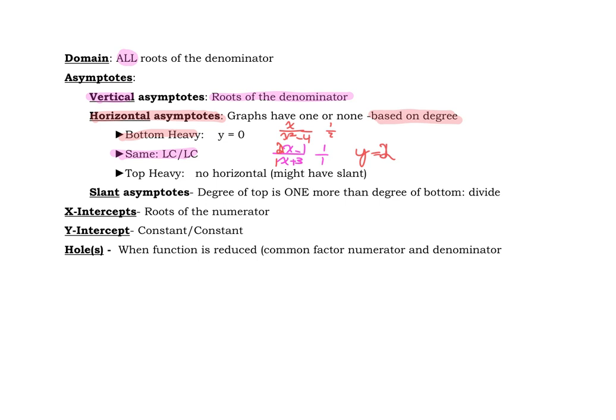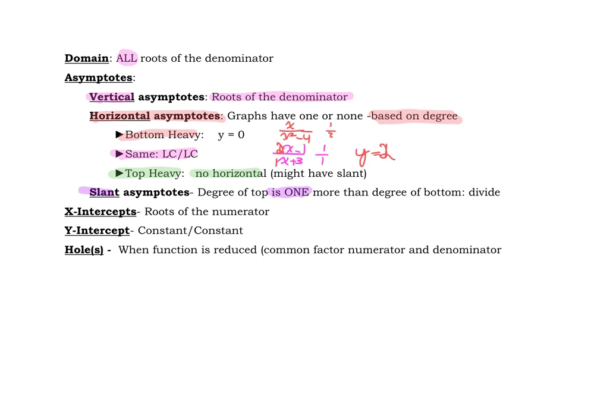And then the third and final example is where the top is heavy. You have no horizontal. This is where you can have none. There is no horizontal, but it might be a slant. So a slant asymptote occurs when the degree of the top is one more than the bottom.